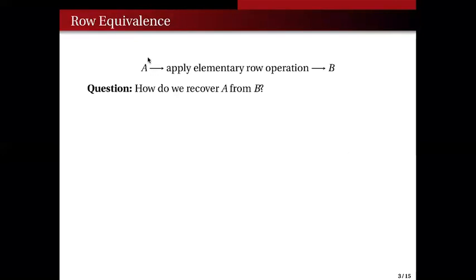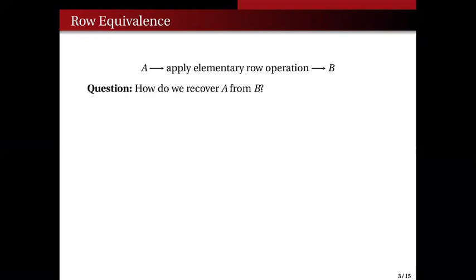Matrix A, apply an elementary row operation, we get matrix B. Now, if we start with matrix B, what do we do to get matrix A? We still apply elementary row operations, but we reverse the process, if we knew how we got matrix B from matrix A.